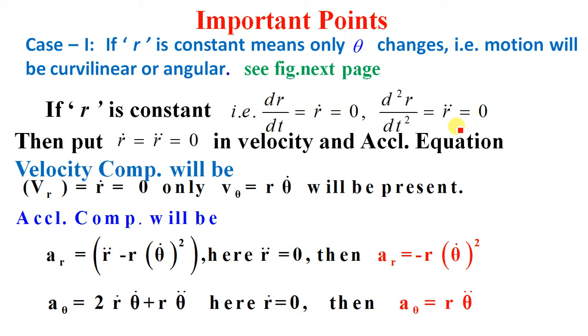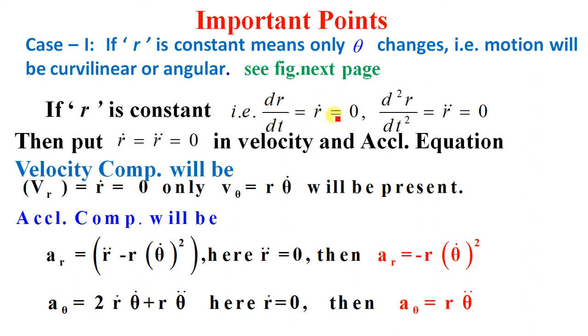Now important points. Case first: if r is constant, only theta changes, so the motion will be curvilinear or angular. I have already told you that it is circular motion. In that case, dr by dt, that is the velocity component r dot, is equal to 0.